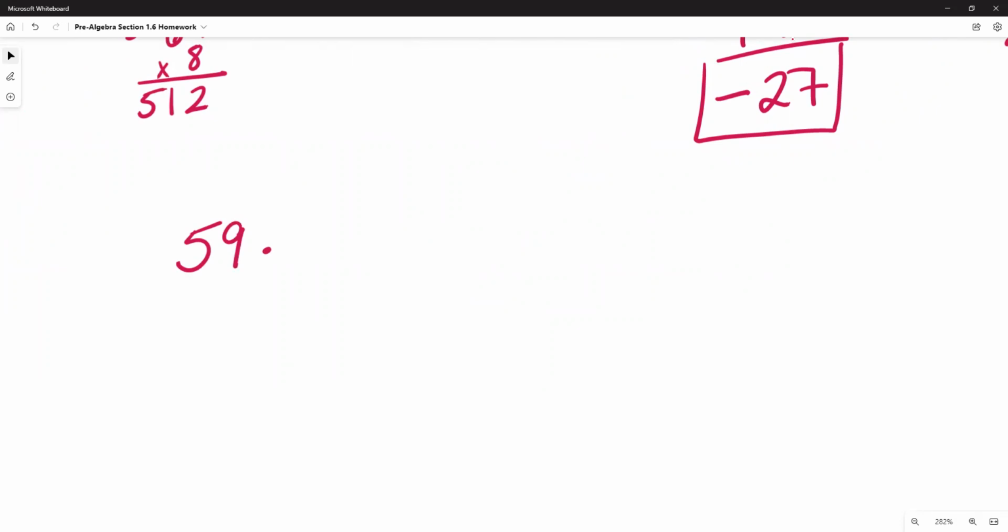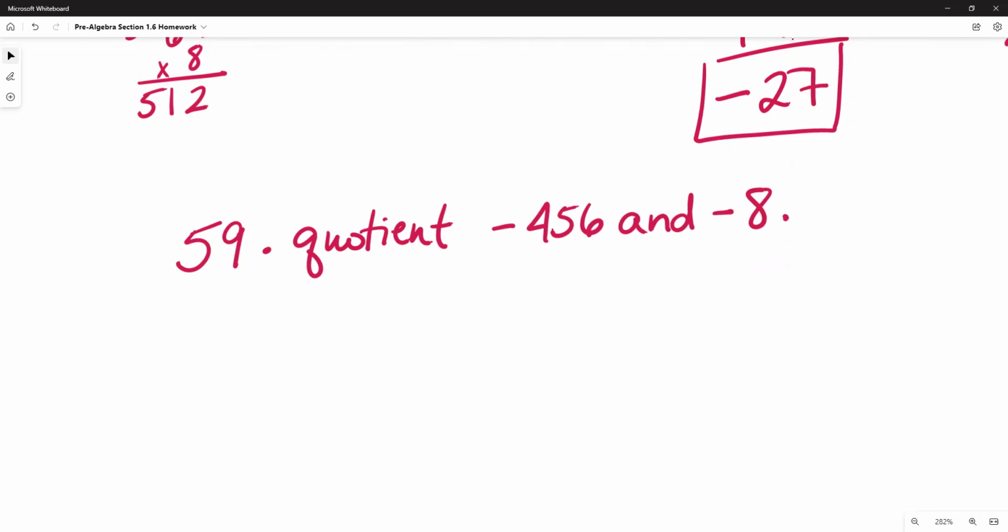So this one says we want the quotient of -456 and -8. What is a quotient? What is the answer to an addition problem?